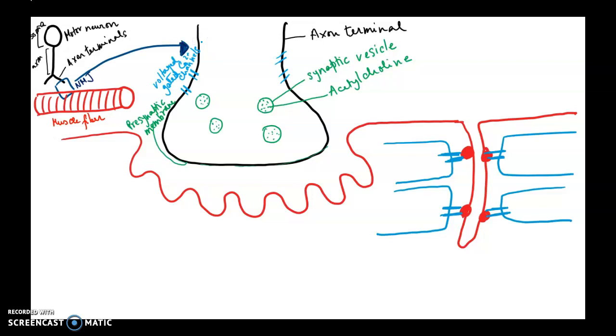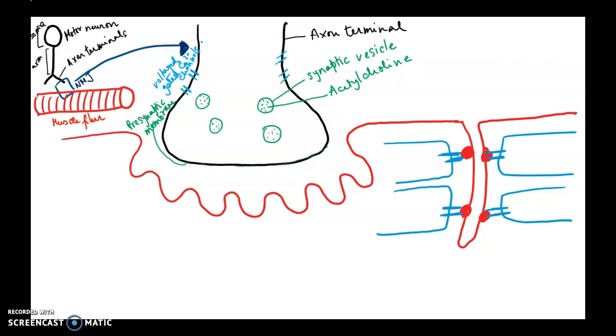So we have the axon terminal, synaptic vesicles filled with acetylcholine, the presynaptic membrane, and voltage-gated calcium channels.